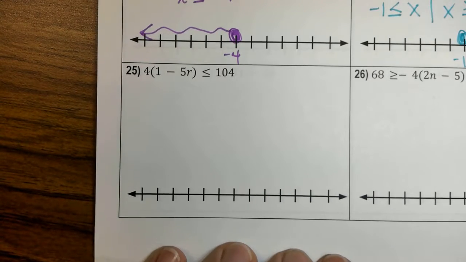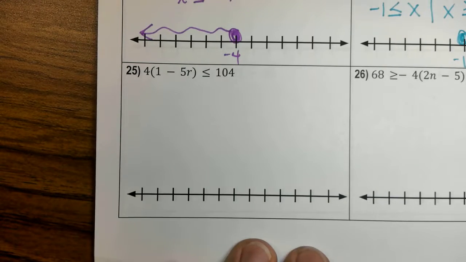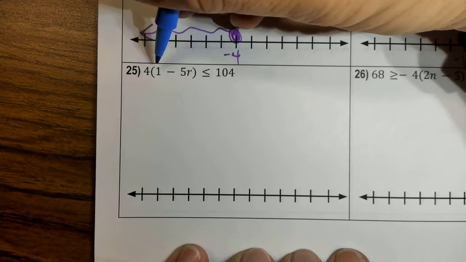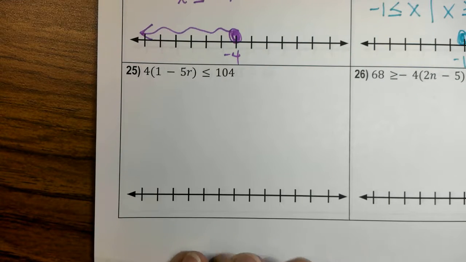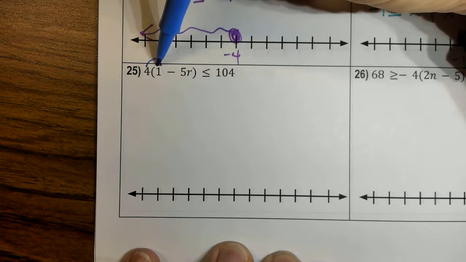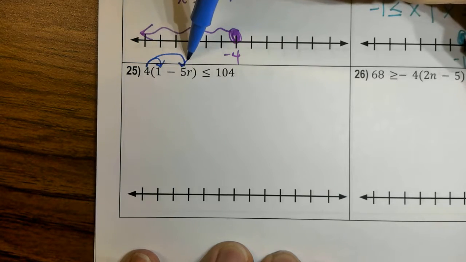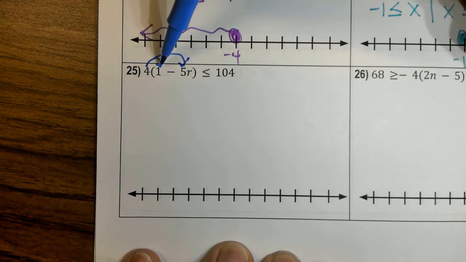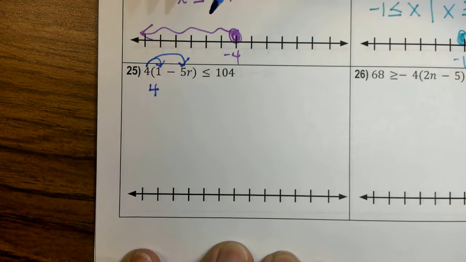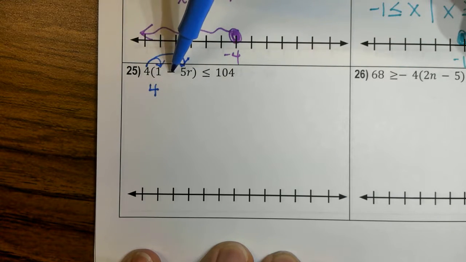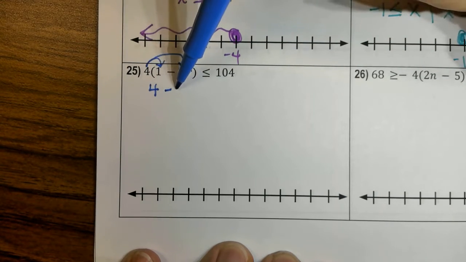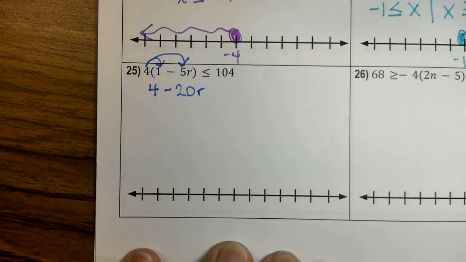All right, 25. We got 2 left on this page, and then 8 on the back, and we're done. So getting there. Okay, now I have parentheses on here. So remember, just like with equations, if I have parentheses, I'm going to multiply or distribute. So I multiply 4 times 1, I get 4. 4 times negative 5r is negative 20r.